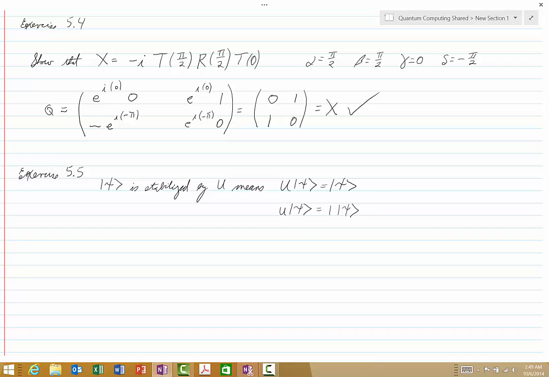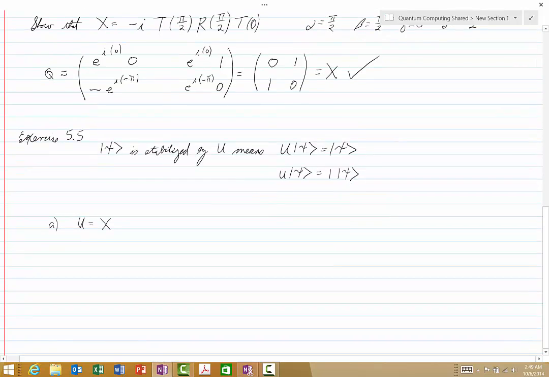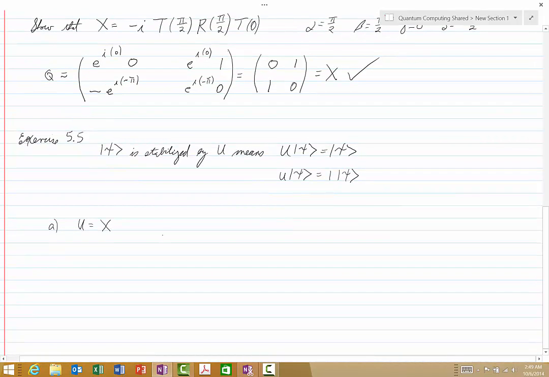In the first case, U is equal to X. Now, as we have just reviewed, X is equal to the matrix 0, 1, 1, 0. And so now we could go to the trouble of finding all the eigenvalues of X and all the corresponding eigenvectors, but in this case we're really only interested in the eigenvectors associated with the eigenvalue of 1.